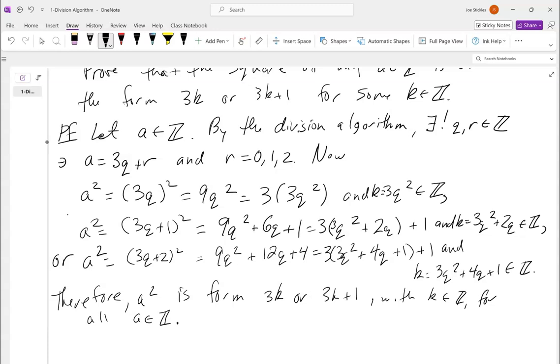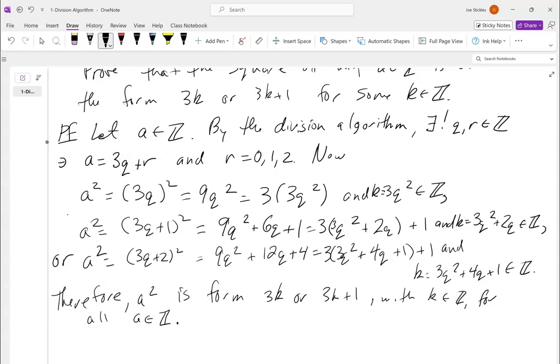If you had a problem where you're going to divide it by a 5, then you could write it as a 5K, a 5K plus 1, all the way to a 5K plus 4. It's pretty typical if you want to break it down into cases using a division algorithm that way. We happy with that one? We'll come back to the division algorithm here and there as we go along.